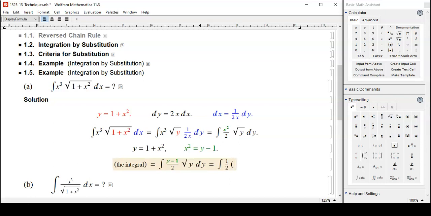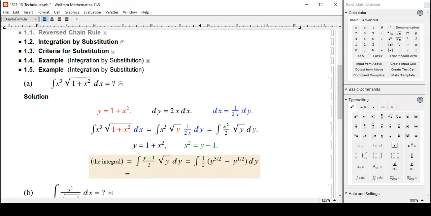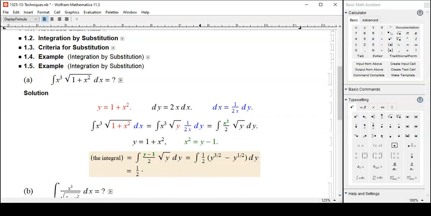1/2, and then y times square root of y, so that's y to the 3/2 power, and then -1 times square root of y, so y to the 1/2 power. That's the integral we have. And can we calculate this integral? 1/2 was there before, and then find out the antiderivative, 5/2, so I have to multiply by 2/5.